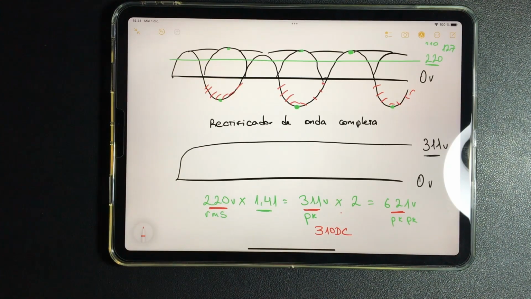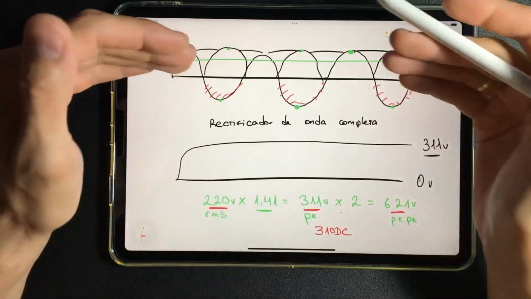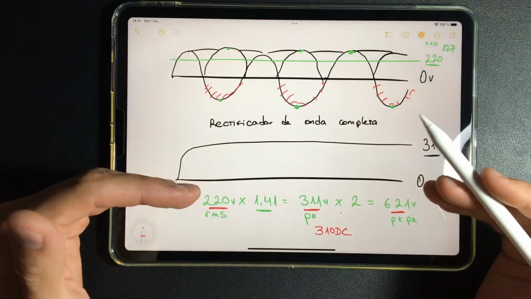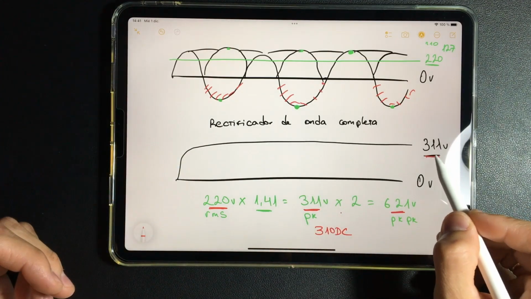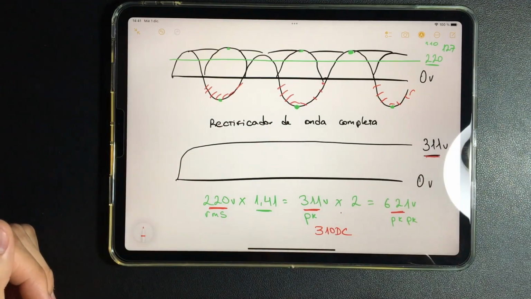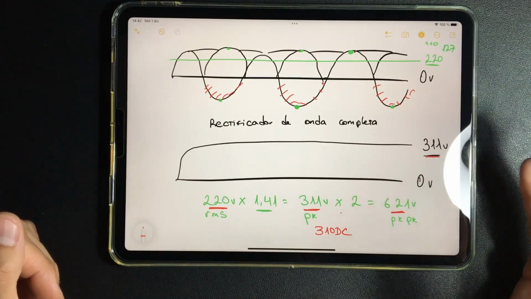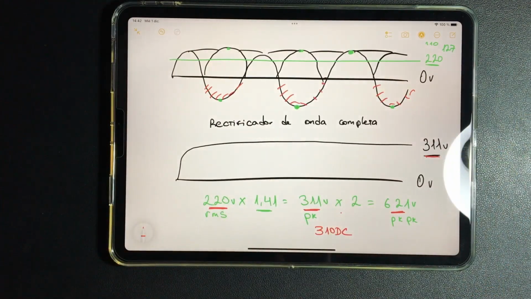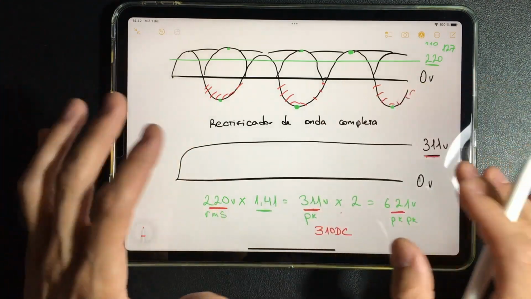And why do they work with 310 DC? Because when we rectify the alternating current, 310 automatically reaches me, and with that the compressor works, then it converts it to alternating current again, that is left for later. But it will work with a DC of 310.